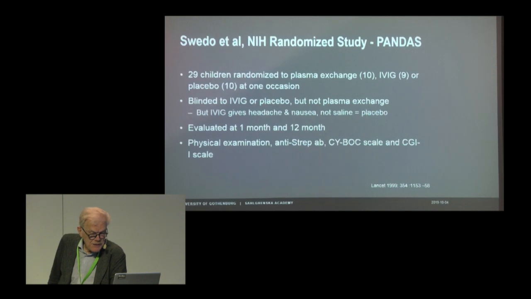The children were evaluated at 1 month and at 12 months, and there was a lot of investigations. I would say the most important related to effect is to have the different scales related to OCD or general well-being and so on.